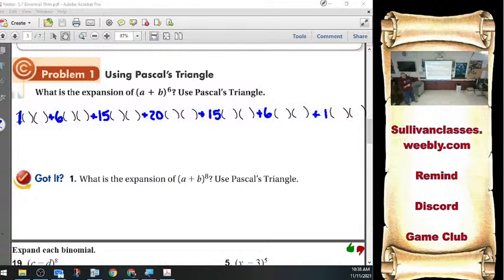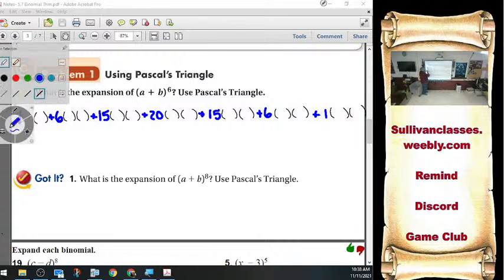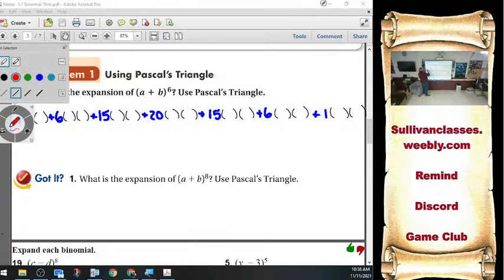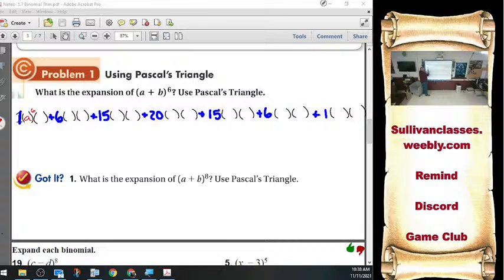So what's going to happen on the next term? If I start with a to the 6th, what's the next one? Descending order of polynomials. So I'm going to start by putting in a to the 6th, then a to the 5th, a to the 4th, a to the 3rd, a to the 2nd, a to the 1st, a to the 0.